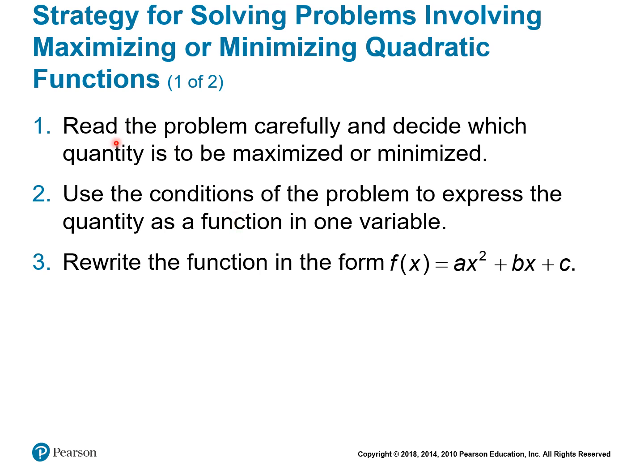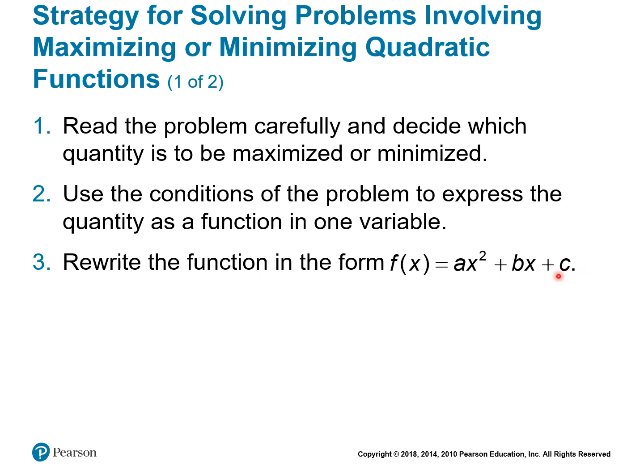So it says here, number 1, read the problem carefully and decide which quantity is to be maximized or minimized. Use the conditions of the problem to express the quantity as a function in one variable, and then rewrite the function in the form f of x equals ax squared plus bx plus c.